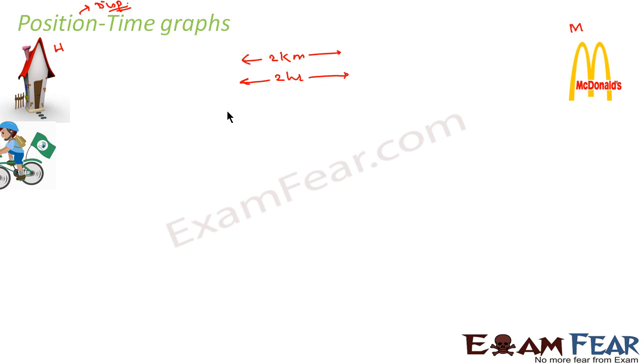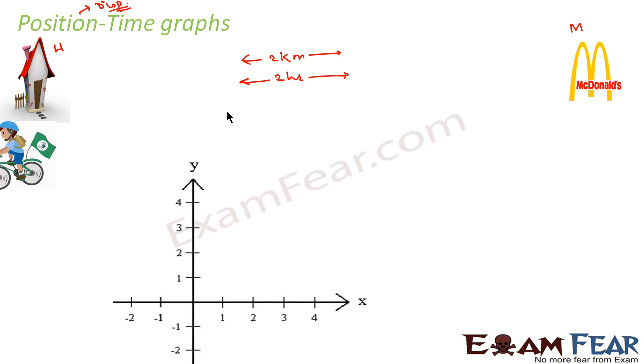Now we have to plot the position time graph. Let us look at the graph. Even in this case, x-axis would be time and the y-axis would be position or displacement, whatever you call it.